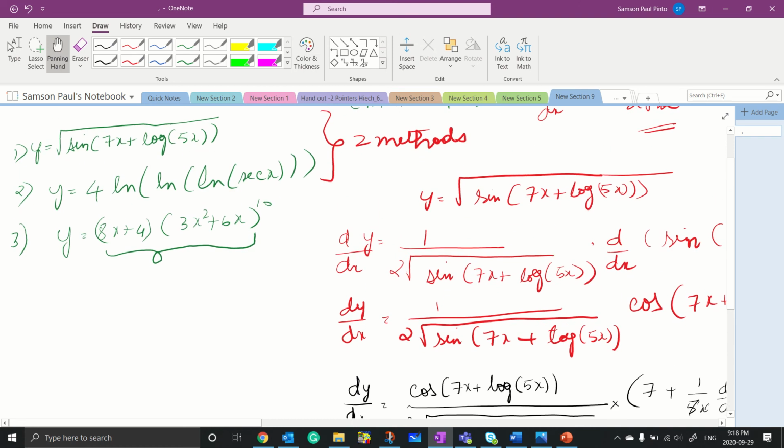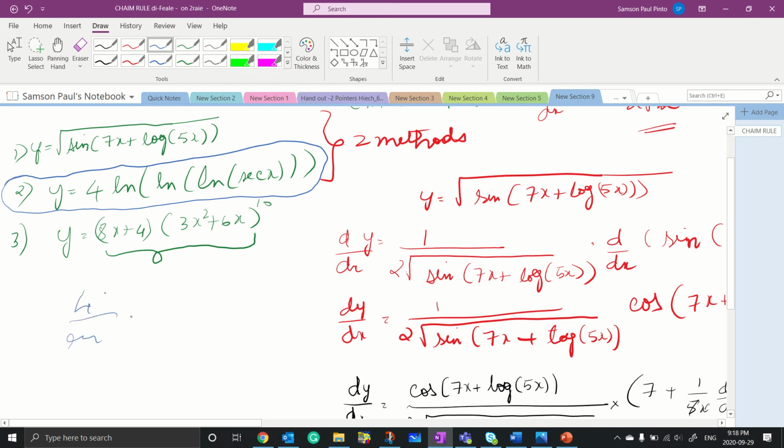On that note, I told you I will solve this problem in the beginning of the video, but I think this problem is much simpler than the other problem, because differentiation of ln is nothing but 1 by ln. So you'll get 4 by ln, then next will be another ln, 1 by ln, so it will be very easy to solve. So I think you should give this a try yourself.